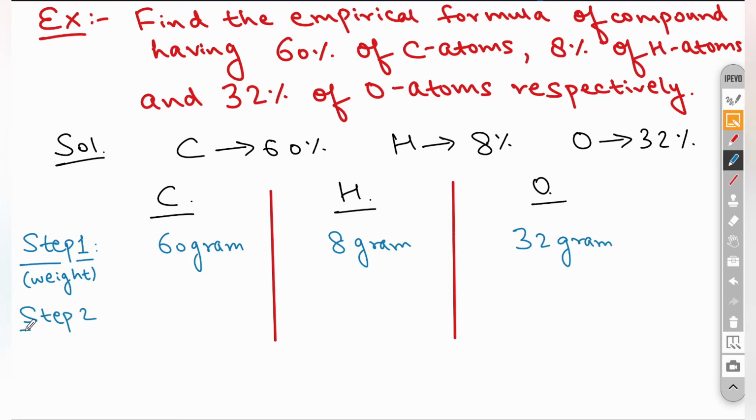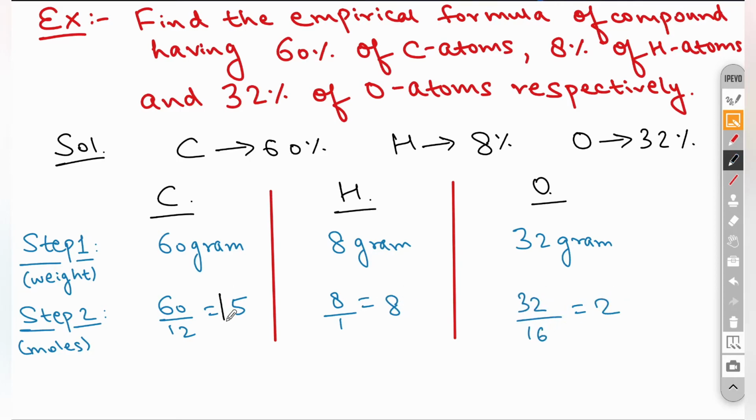Step 2. Now find the moles, so divide by molar mass. It will be 5, here it will be 8, here it will be 32 by 16, which is 2. Now we can clearly see it is already in the simplest whole number ratio, right?